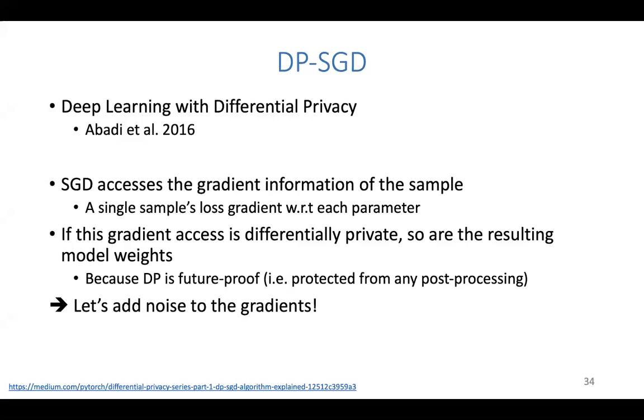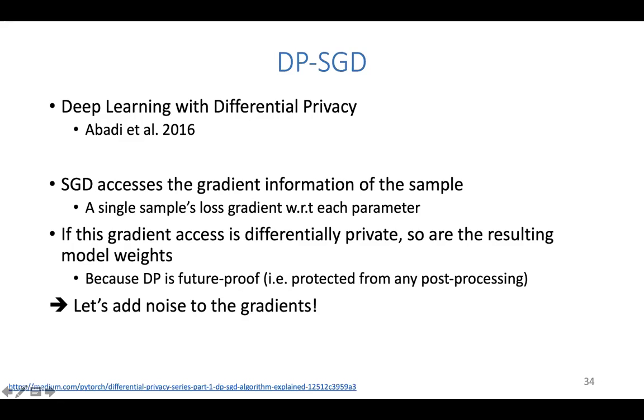That is why DP-SGD decides to add noise to the gradient, because if we add noise to the gradient, then accessing the gradient is made differentially private, and so are all the following processes. The model weights and all that are also differentially private.